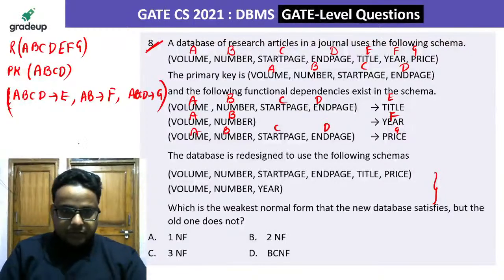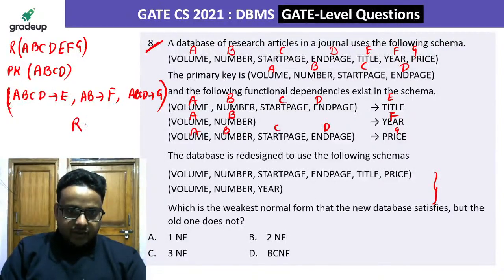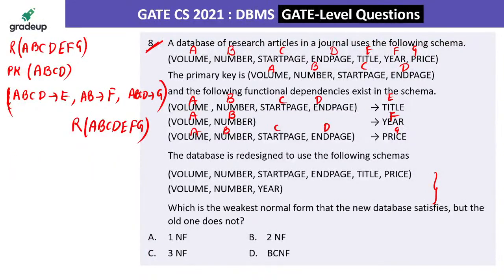This means the table R, which contains A, B, C, D, E, F, G, you have divided. So R1 is A, B, C, D, E, G, and we have R2: volume A, number B, and year F, that is ABF.